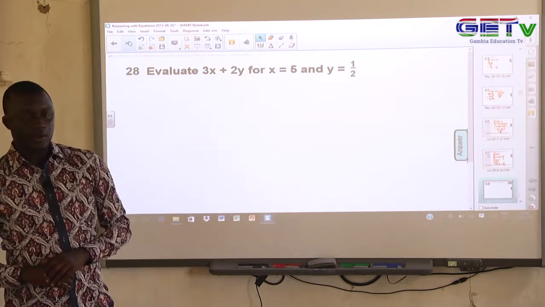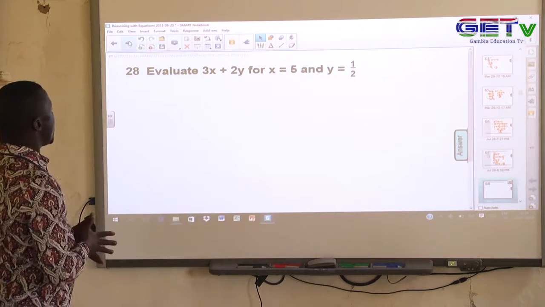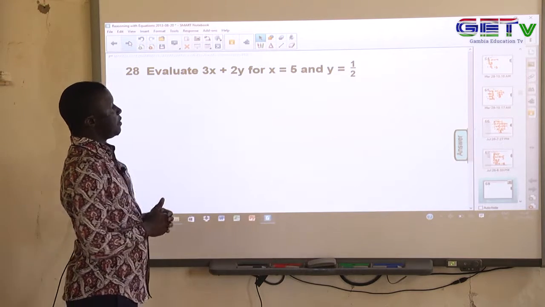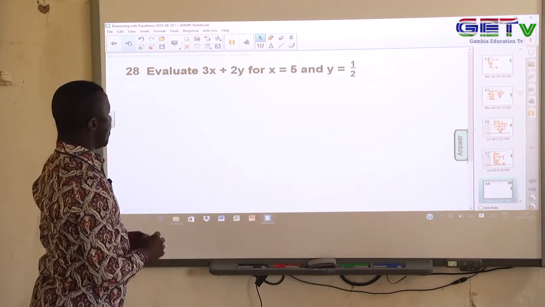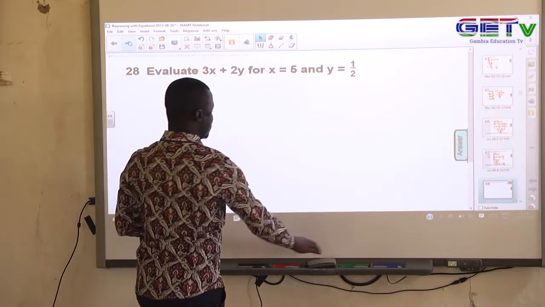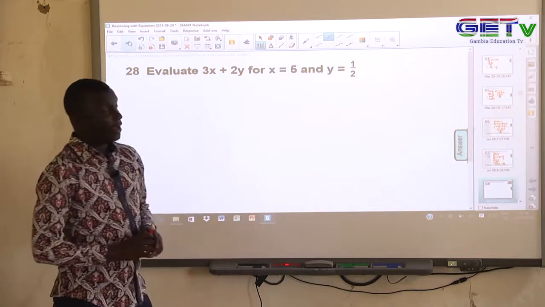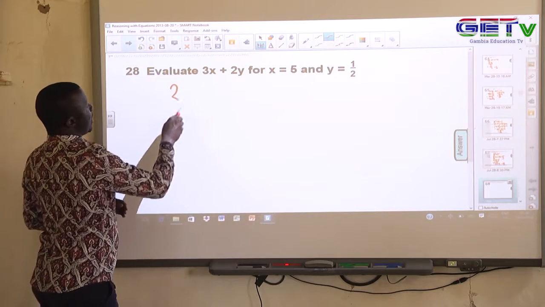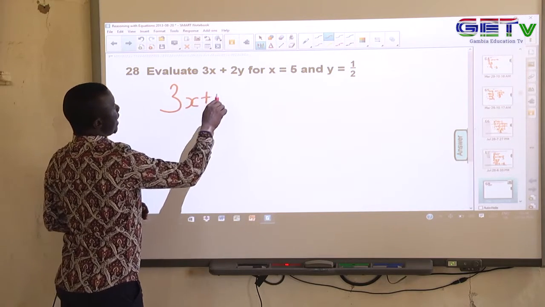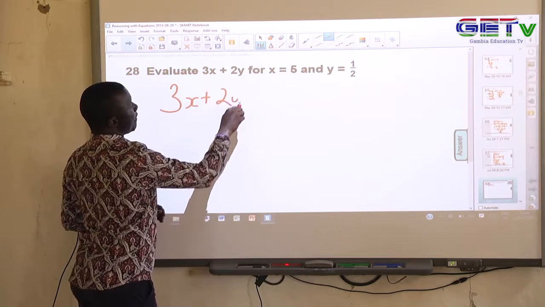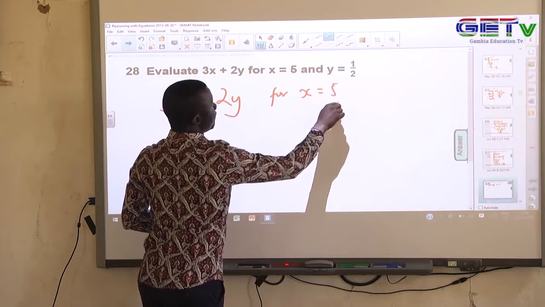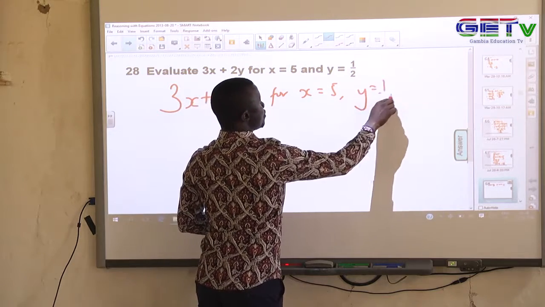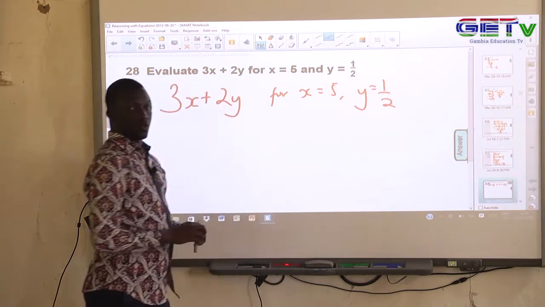Our next slide here says evaluate 3x plus 2y for x equals 5 and y equals 1 over 2. Let us do this together by rewriting our expression first, 3x plus 2y for x equals 5 and y equals 1 over 2.